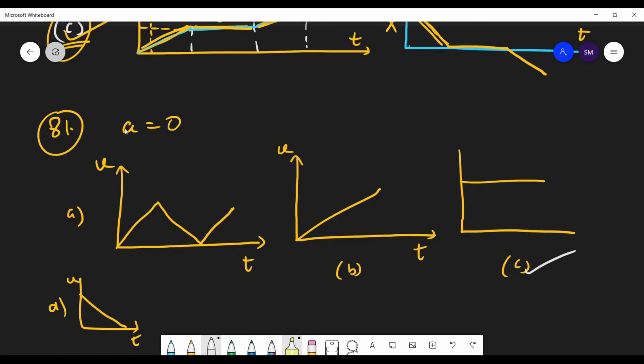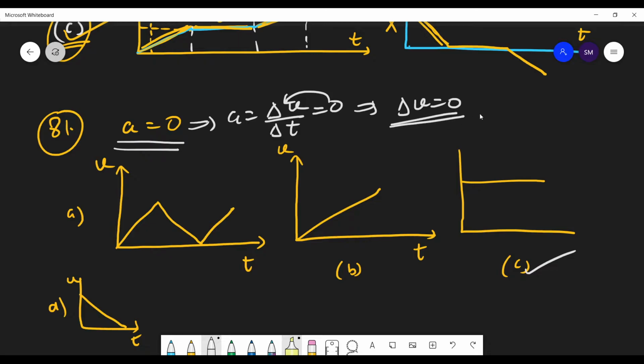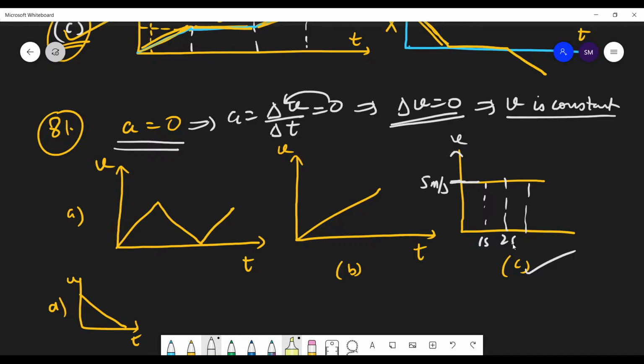Yes, you have just seen that acceleration is 0. What is acceleration? Acceleration is change in velocity upon change in time. So that is 0 means change in velocity is 0. There is no change in velocity, which means velocity is constant. Suppose this is 5 meter per second, so velocity remains 5 meter per second at all times, whether the time is 1 second, 2 second, 3 second.